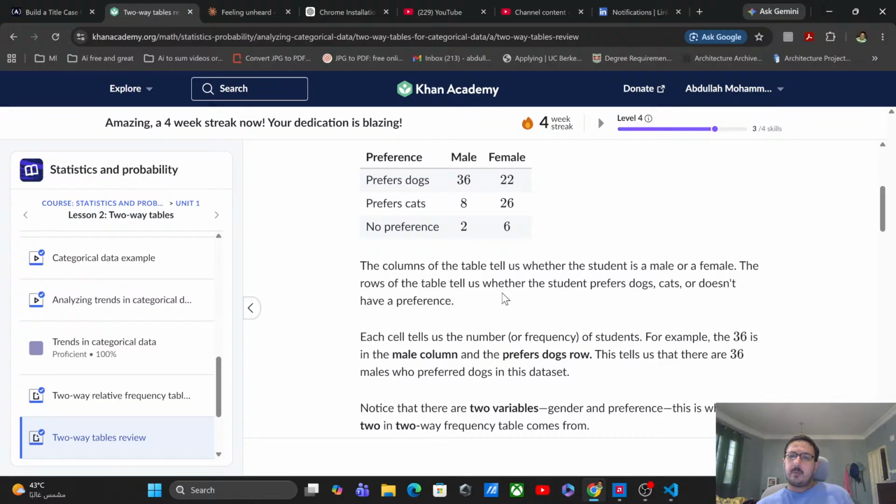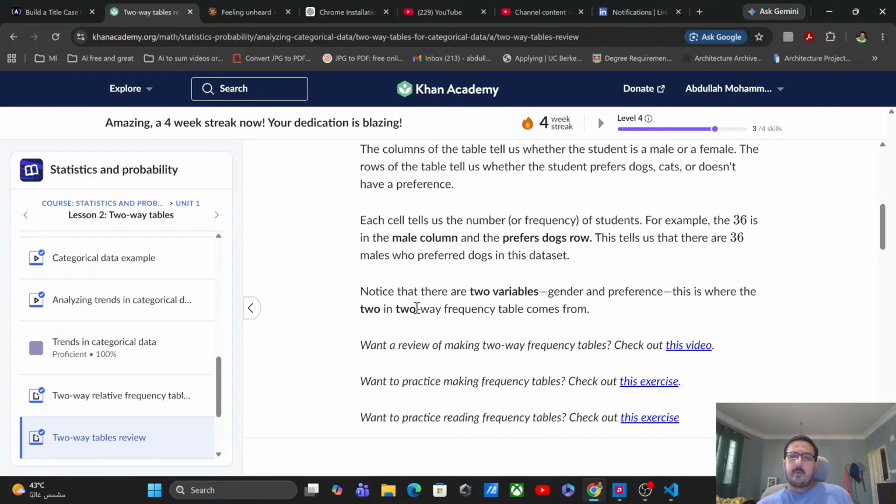The rows tell us whether the students prefer dogs, cats, or have no preference. Each cell tells us the number, or frequency, of students. For example, 36 is in the male column and the prefer dogs row. This tells us that there are 36 males who prefer dogs in this dataset.